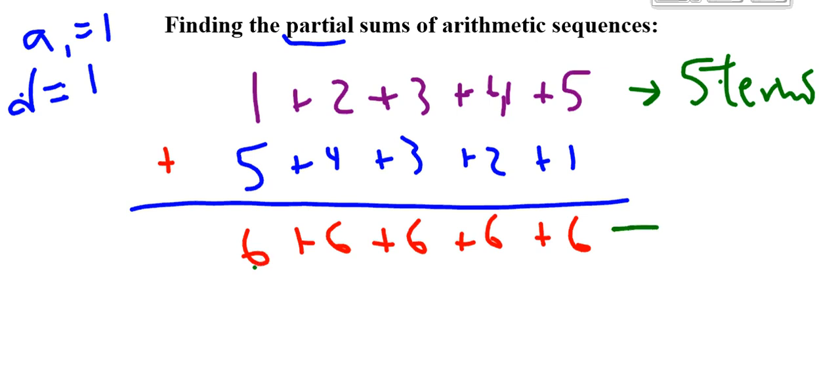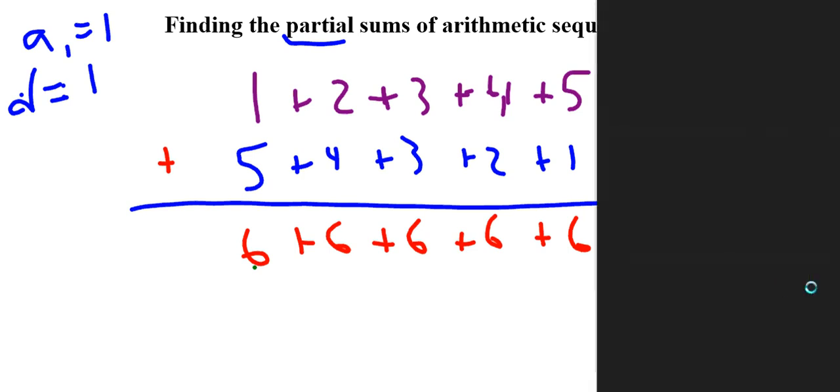So technically, this is the same as saying 5 times 6, which is 30. However, because I've added this sequence to itself, 5 times 6 is twice what I want. So I have to divide by 2. The purple plus the blue is going to double what I'm supposed to get, which is in reality 15.